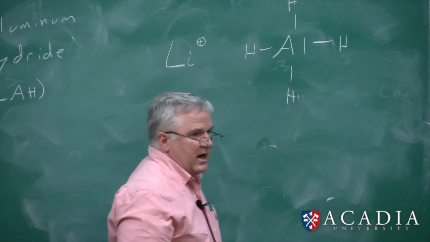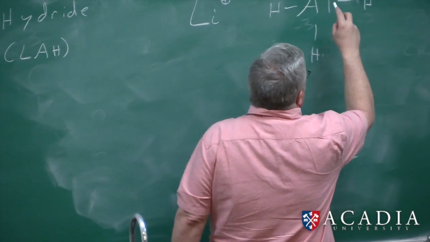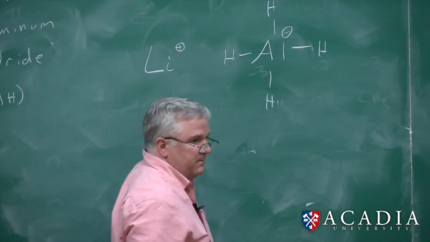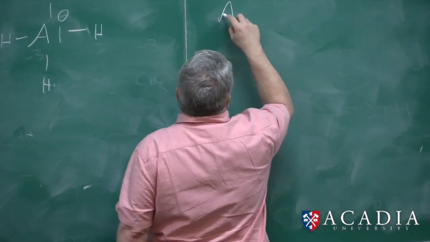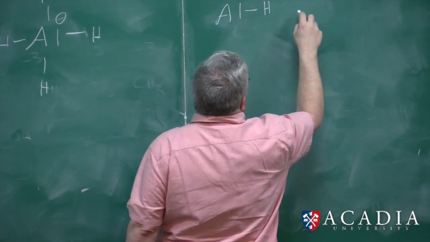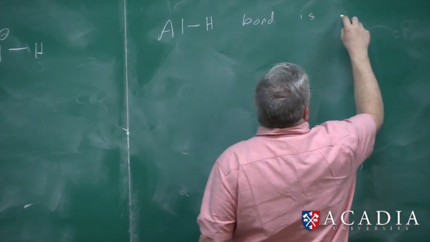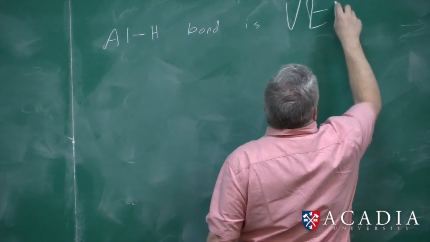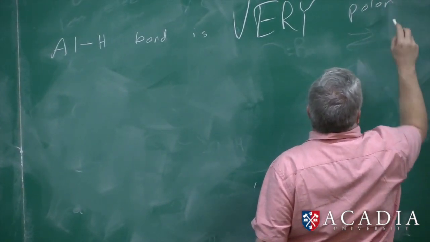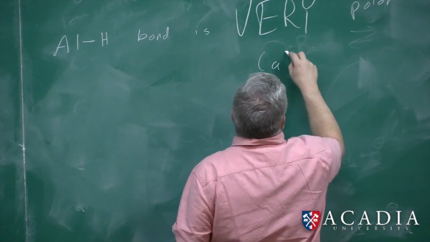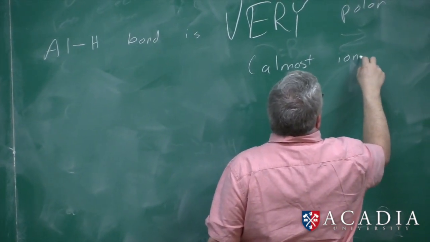the aluminum hydride, or the aluminum tetrahydride. There's 4 hydrogens. There's a negative charge on the aluminum. The Al-H bond is very polar, almost ionic.